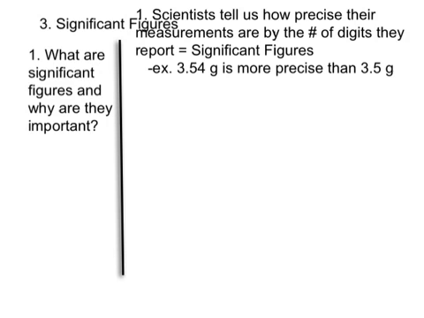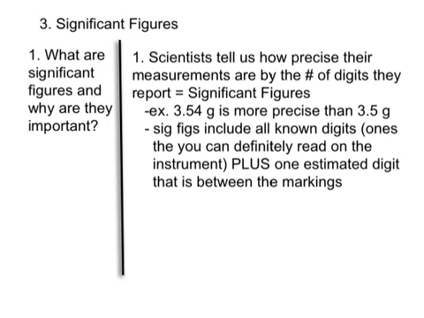Okay, one of the rules for significant figures is that you include all of the digits that you can actually read on the instrument, plus you can estimate 1 digit between the markings, and that's what I explained in the measurement notes, your very first notes from before, okay, where we had that piece of string, and we knew it was between 2 and 3 inches, so we estimated one of those digits. We estimated it was 2.5. Okay, so let's put that in our note.